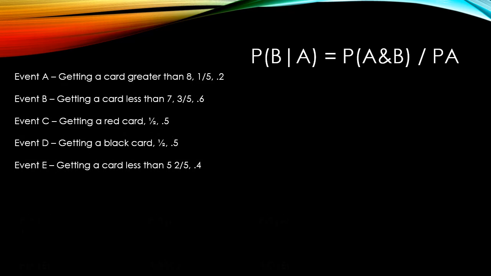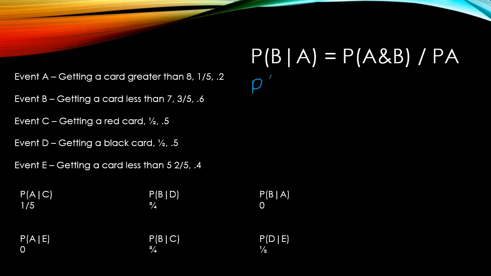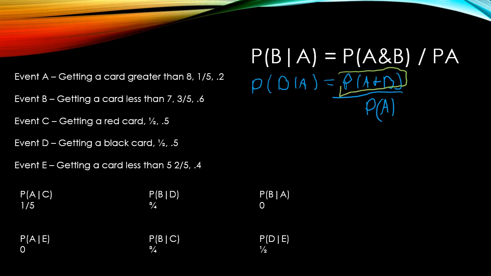So sometimes we're given different probabilities and we're told to solve for another. So let's see how this works. With the probability of B given A equals the probability of A and B divided by the probability of A, right? Now let's say that the question wanted us to solve for the probability of A and B. We have the other pieces of information, and so we can do that.